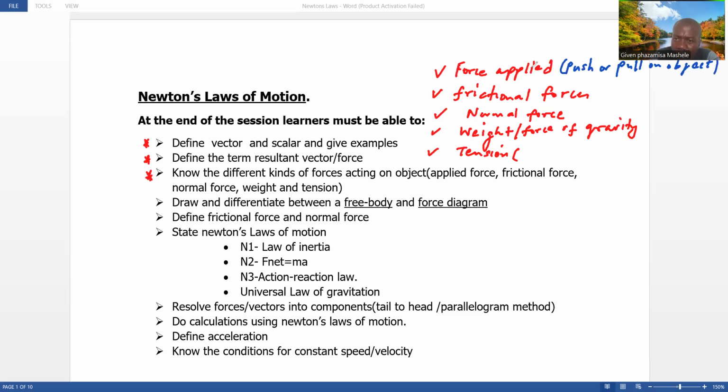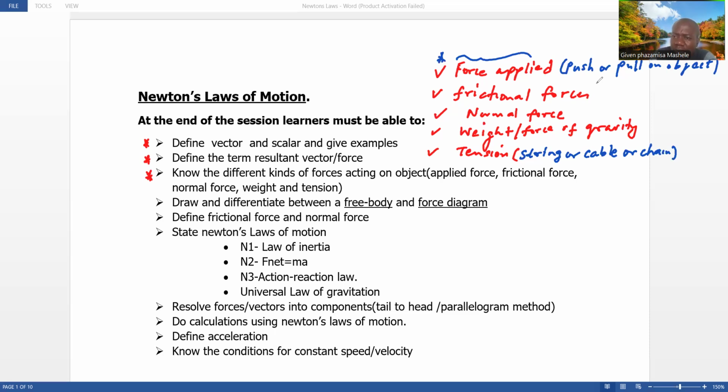But now this pulling, if it's not done using a string, or a cable, or a chain, then you know this is a force applied. Maybe we pull something using our hand or any other thing except a string or cable or a chain, then this will be regarded as the force applied. It's just a pull or a push on an object.